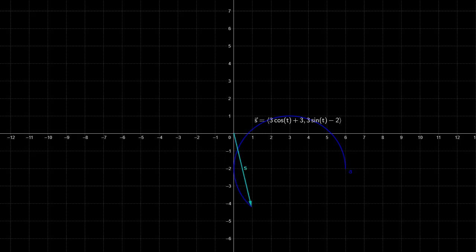We still have the circle of radius 3, but now it is centered at the point 3, -2. What I think confuses people with this a lot when they're first studying it is that the vector itself is not coming from the center of the circle. It's still pointing out from the origin, just at the path that the, say, object is traveling.